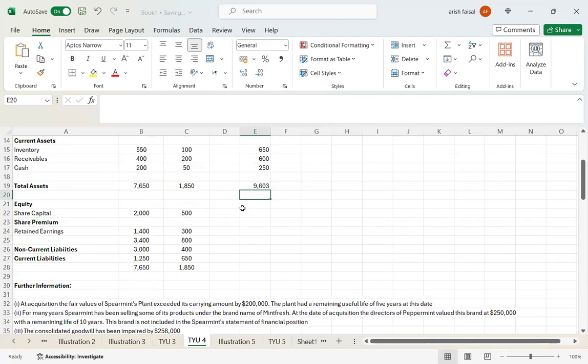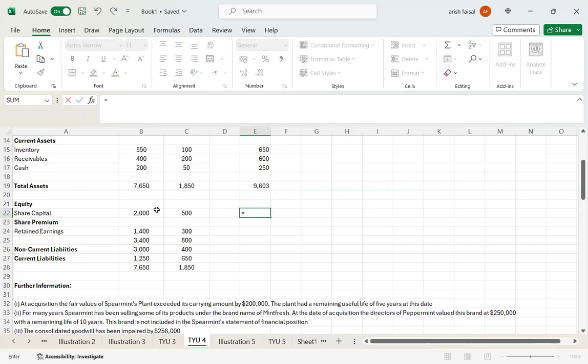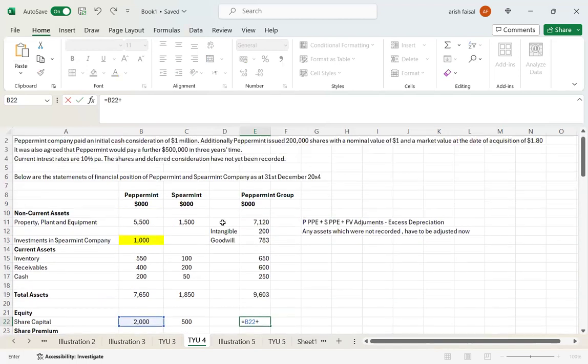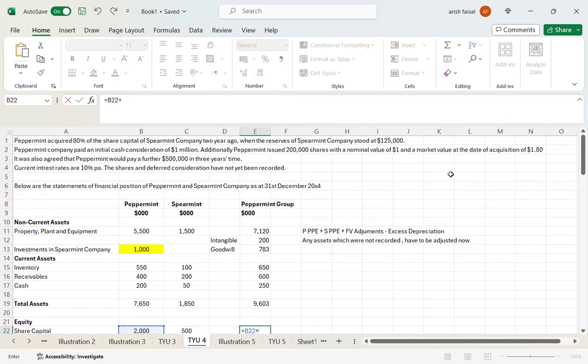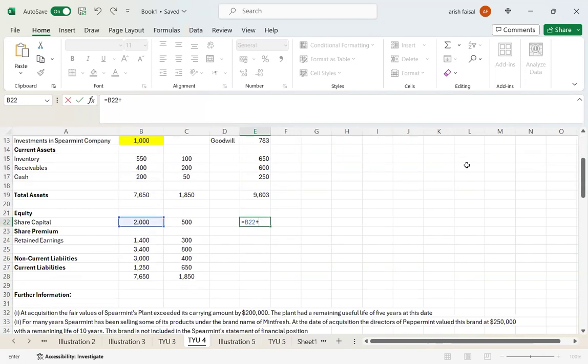Now it's for the equity. For equity, as you know, the share consideration was not yet recorded. So 2000 plus the number of shares which have been issued were 200. They have a nominal value of 1, but then they have a market value of 1.8. So that 0.8 is considered to be a premium, but that $1 will be regarded as an increase in your share capital.